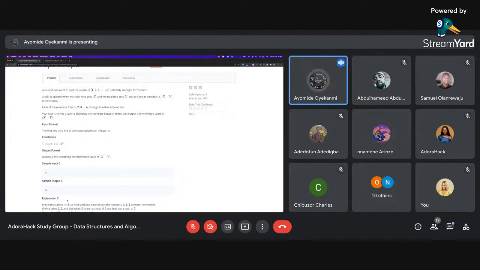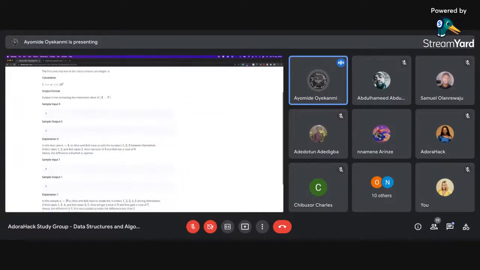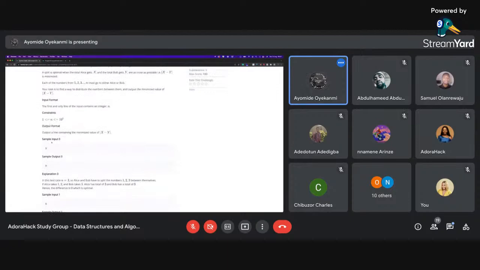Okay, so you have numbers from 1 to n, right? It could be 1 to 10, for example. The question is saying, split 1 to 10 between Alice and Bob so that the totals Alice and Bob have are as close as possible. Let's look at an example. In the first example, you're given 3.